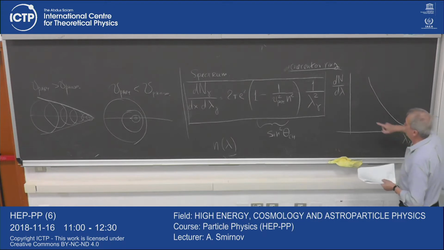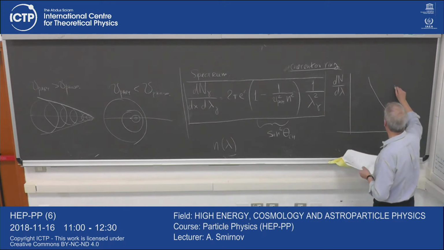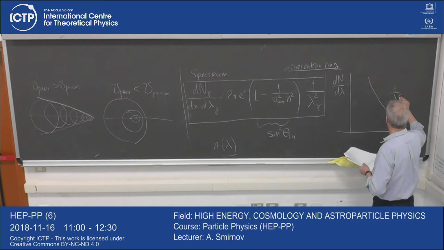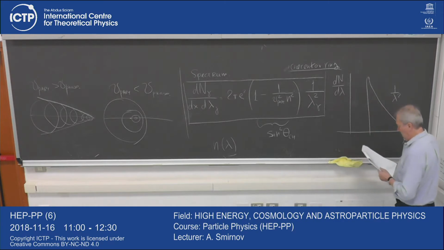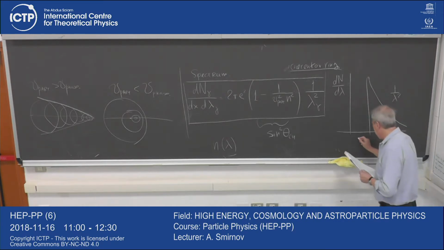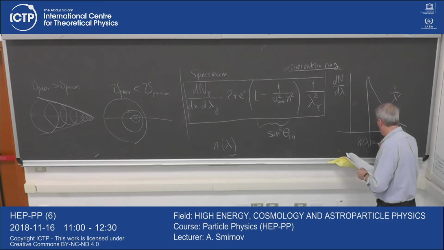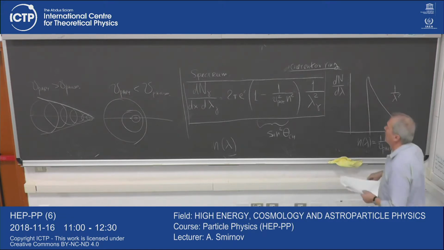It has a decrease, which is due to this 1 over lambda squared, but then there's a sharp cutoff of the spectrum, at the point where n lambda equals 1 over v particle.